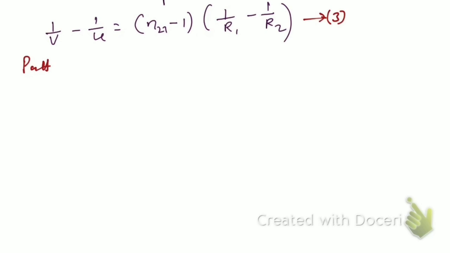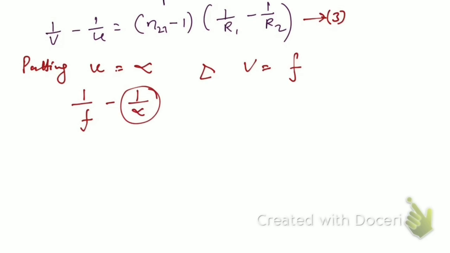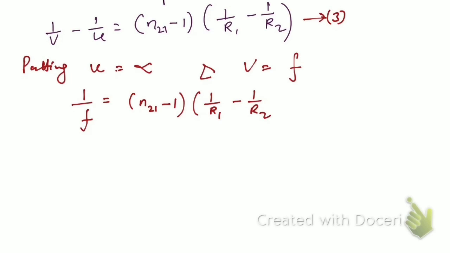Putting u is equal to infinity and v is equal to f, we're going to get 1 by v, which is 1 by f, minus 1 by u, which is 1 by infinity, and that's going to be 0. Since 1 by infinity is 0, we can write directly 1 by f is equal to n21 minus 1 times 1 by r1 minus 1 by r2. That's what we will get. So this is equation number 4.